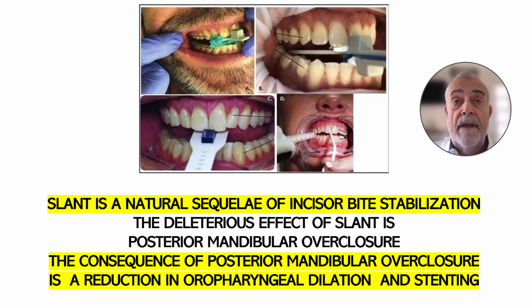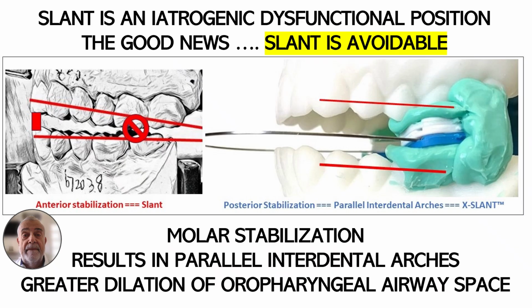All of these anterior bite guides produce slant. Slant is an iatrogenic dysfunctional position. You don't want this. The good news is slant is avoidable.